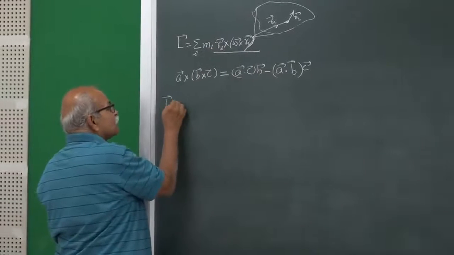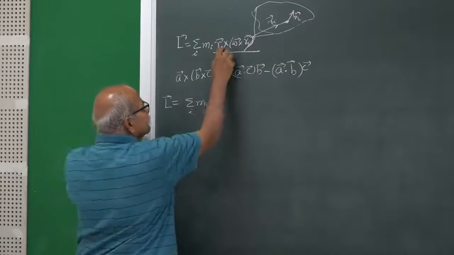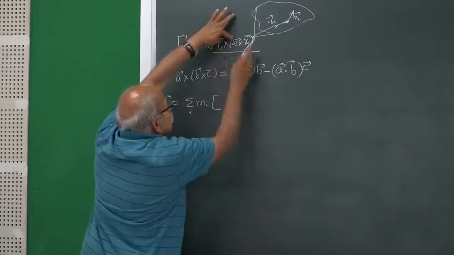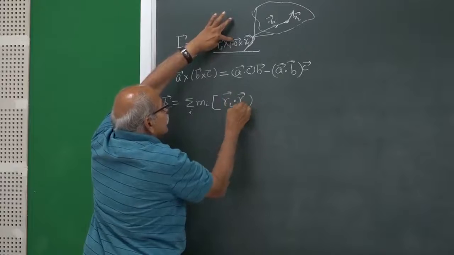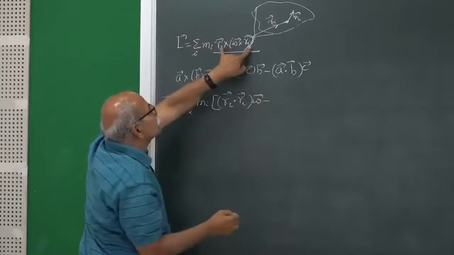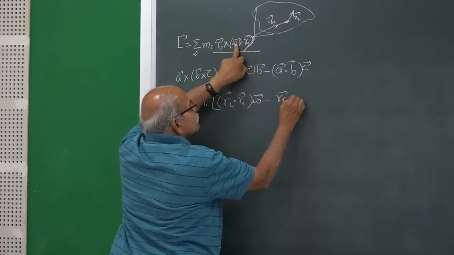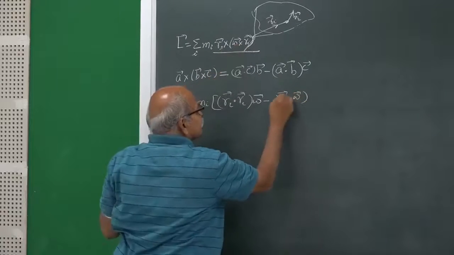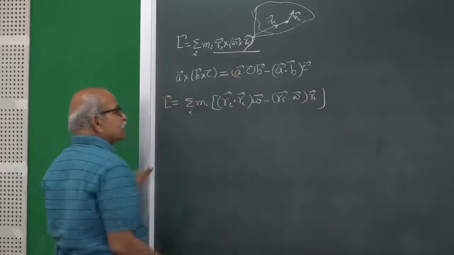So, L is equal to summation over I m I, then this has to go out. So, this dot this, r I dot r I and the omega here, and then minus, now this has to go out. So, r I and dot this omega and then this r I here. This is it.